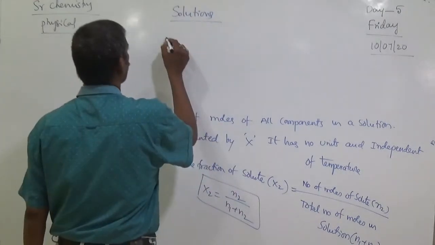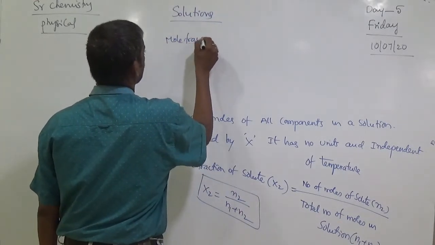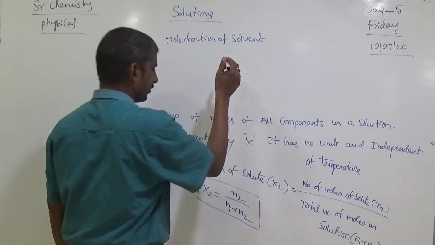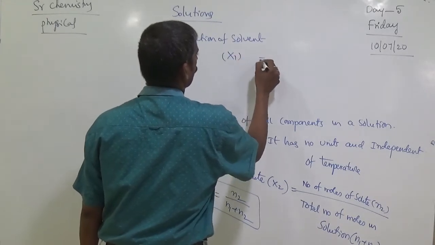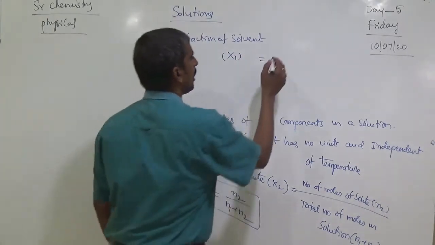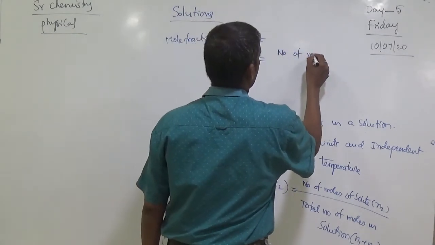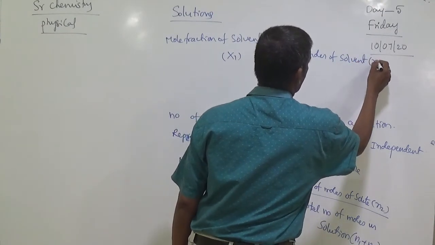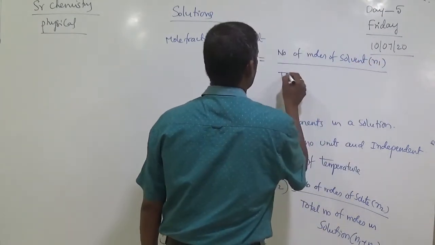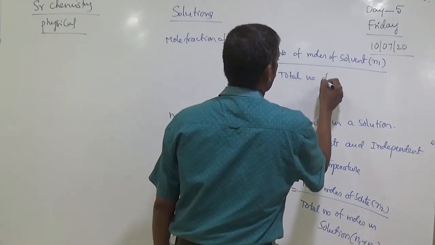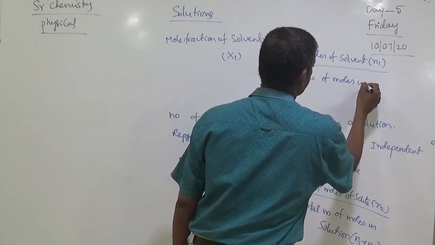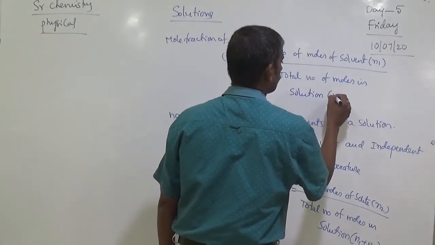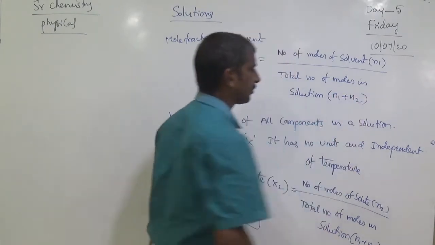After that, the mole fraction of solvent. Mole fraction of solvent is simply x1. Mole fraction of solvent x1 equals the number of moles of solvent, N1, by the total number of moles in solution, that means N1 plus N2.